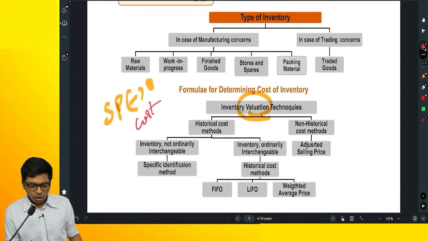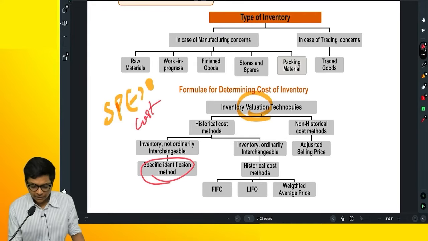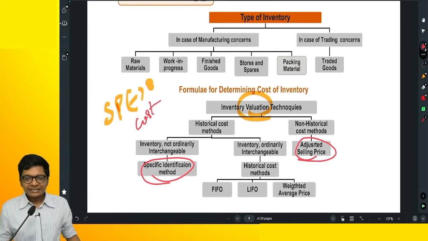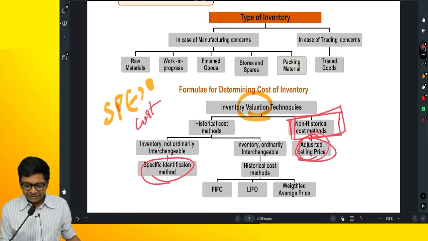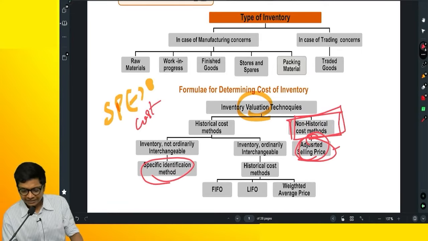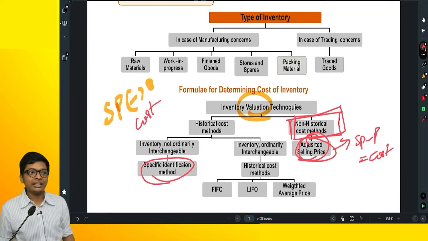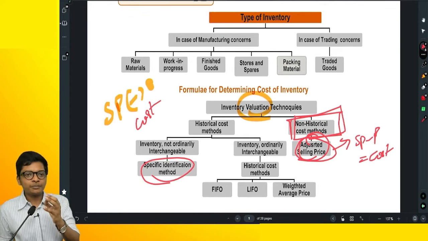That method is called the adjusted selling price method. So we are now in the non-historical cost methods. Are you following, guys? It's called the adjusted selling price method or retail selling price method.